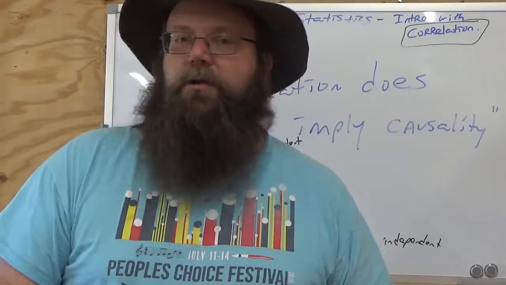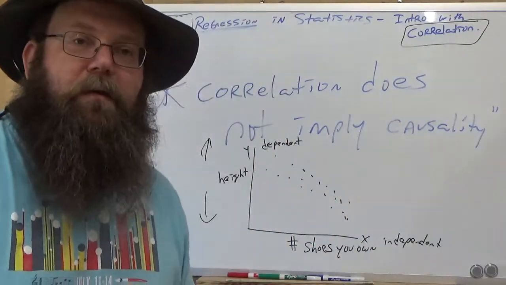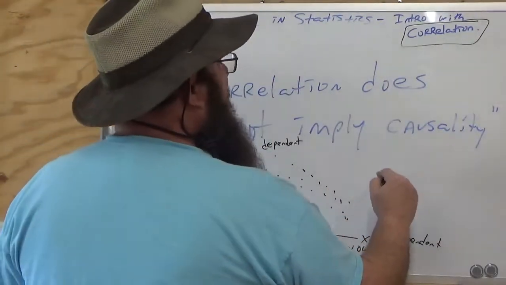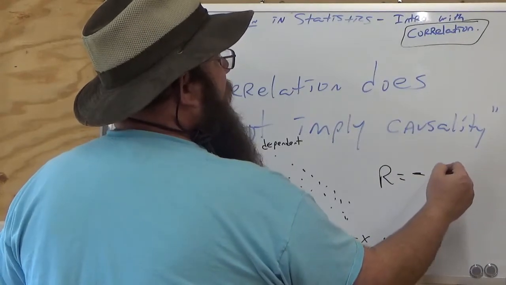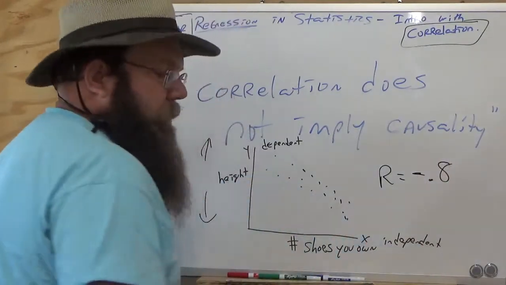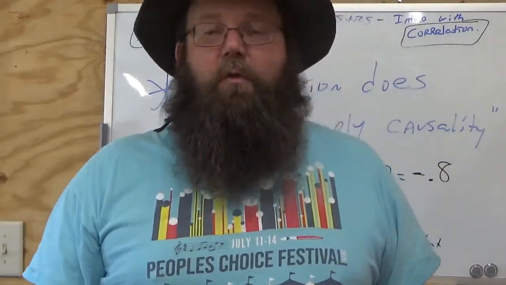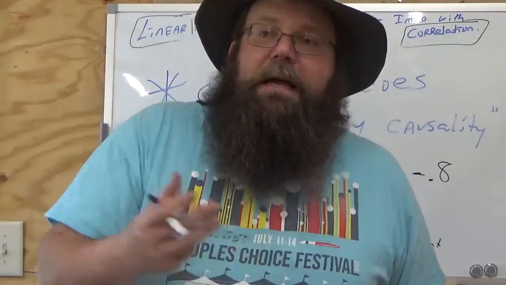This is where people get in trouble. They see a correlation. Maybe somebody calculated this on their Inspire. They plugged the data in, and guess what? Your R value has got to be negative. So maybe your R value is like negative 0.8. And you say, well, geez, negative 0.8, that's a fairly strong negative correlation. Does that imply causality?